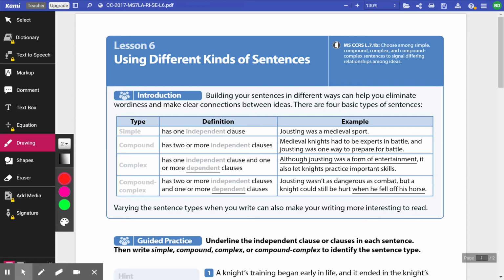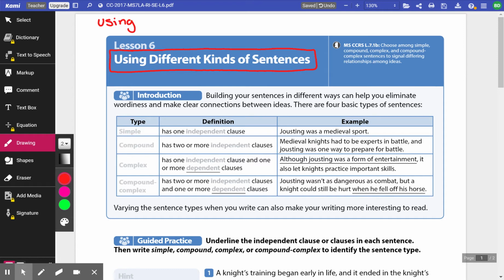So, the first thing I'm going to do is box in the title of my lesson, which again is using different types of sentences. So, for the last few weeks, we have been talking about different types of sentences. So, this is going to be kind of a refresher on that, but we're also going to be adding a new step to this. So, I'm going to go ahead and rewrite my title before I go any further.